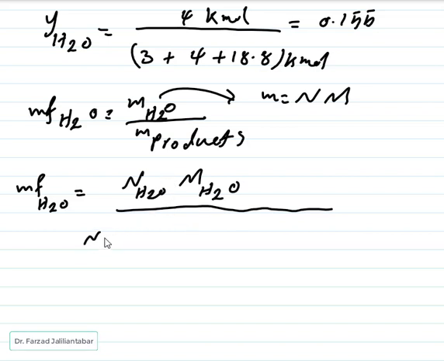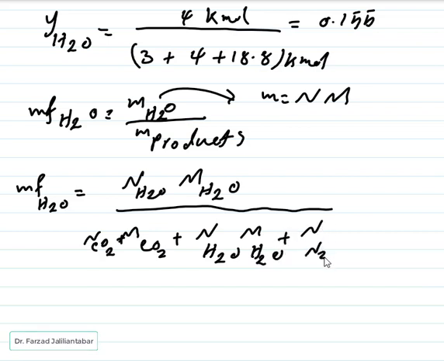Again, similar to what we have for the CO2, it will be like this: mole of CO2 times the molar mass of CO2, plus mole of H2O times molar mass of H2O, plus mole of N2 or nitrogen times molar mass of nitrogen.